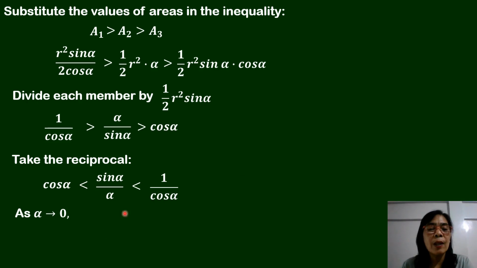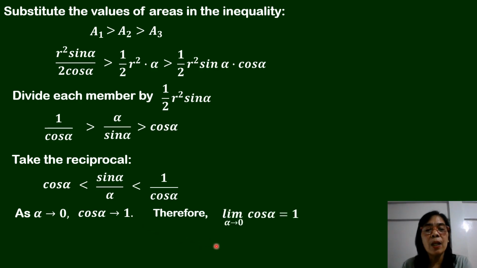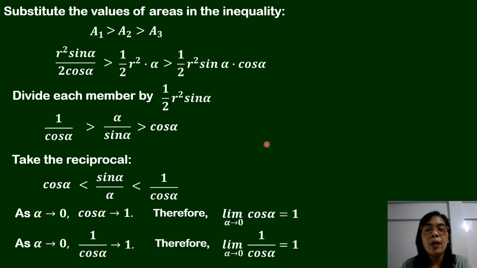And as we let alpha approach 0, you will notice that cosine alpha will also approach 1. That means the limit of cosine alpha as alpha approaches 0 is equal to 1. Similarly, as alpha approaches 0, 1 over cosine alpha will approach 1. Therefore, the limit of 1 over cosine alpha as alpha approaches 0 is equal to 1.